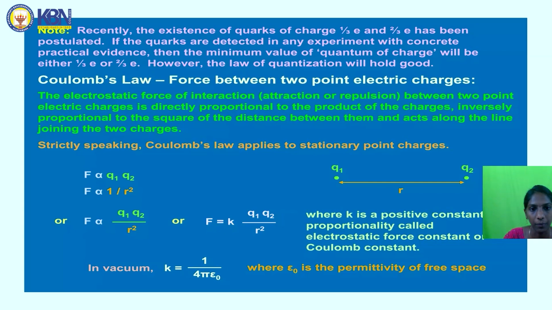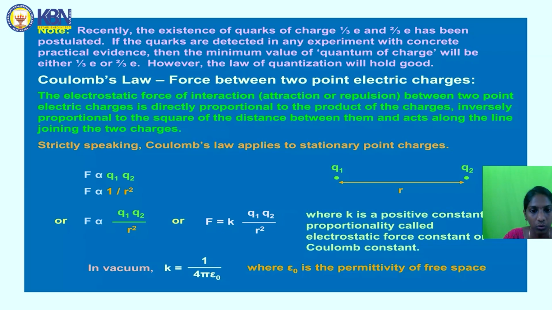Coulomb's law: the force between two point electric charges. The electrostatic force of attraction or repulsion between two point electric charges is directly proportional to the product of the charges, inversely proportional to the square of the distance between them, and acts along the line joining the two charges.